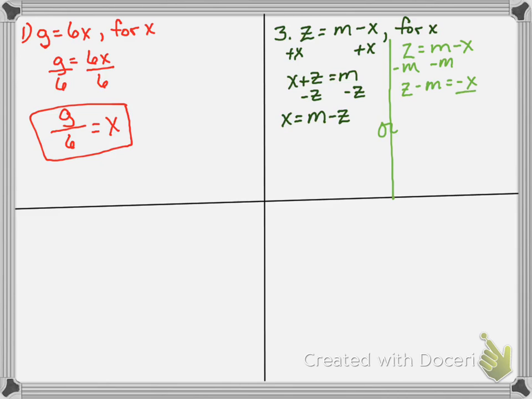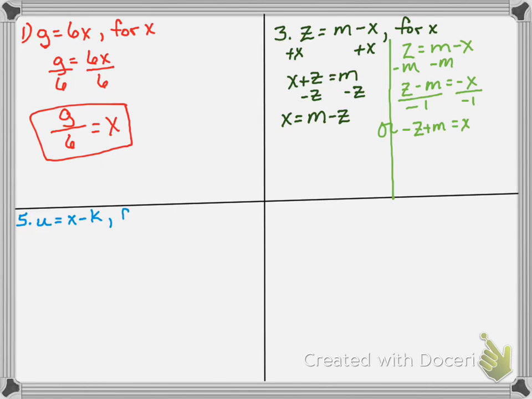Now we need a positive x, so we're going to divide by negative 1. And we divide this whole thing by negative 1, and when we do, it changes our signs. So we end up with negative z plus m equals x. And if you put the m in front, that would be fine.